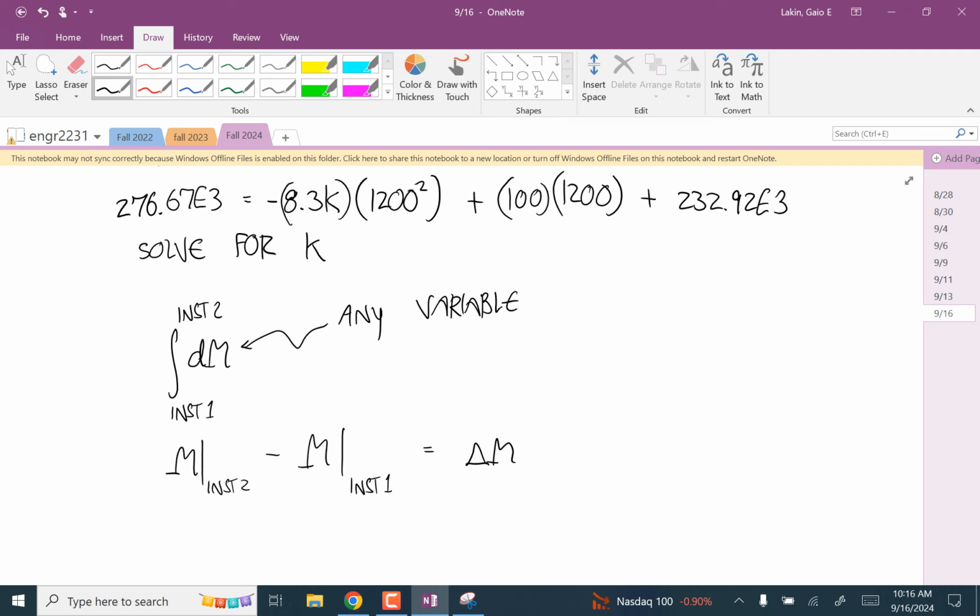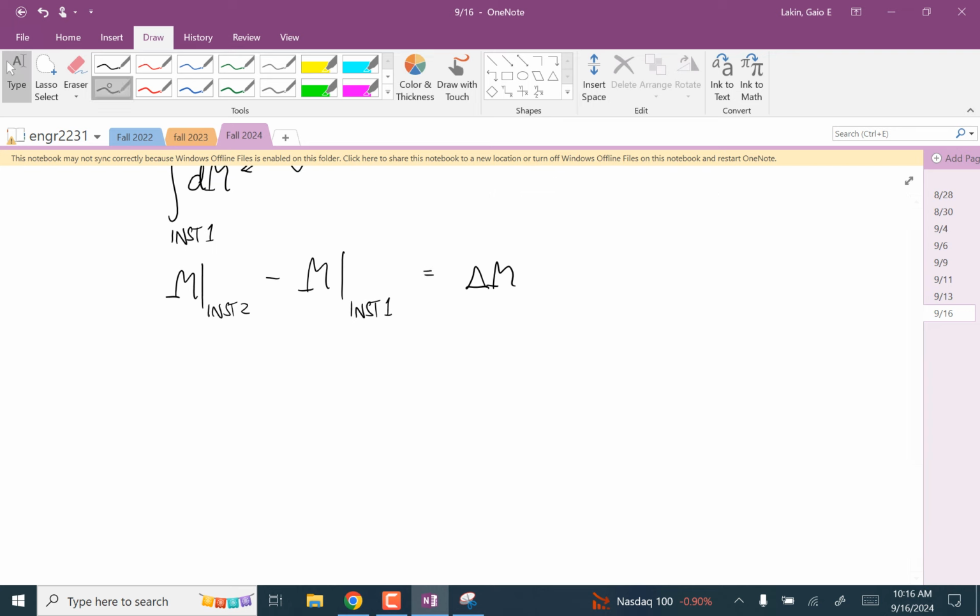Okay, so last time we started talking about simple compressible substances, and today I want to introduce the tables and talk about linear interpolation.